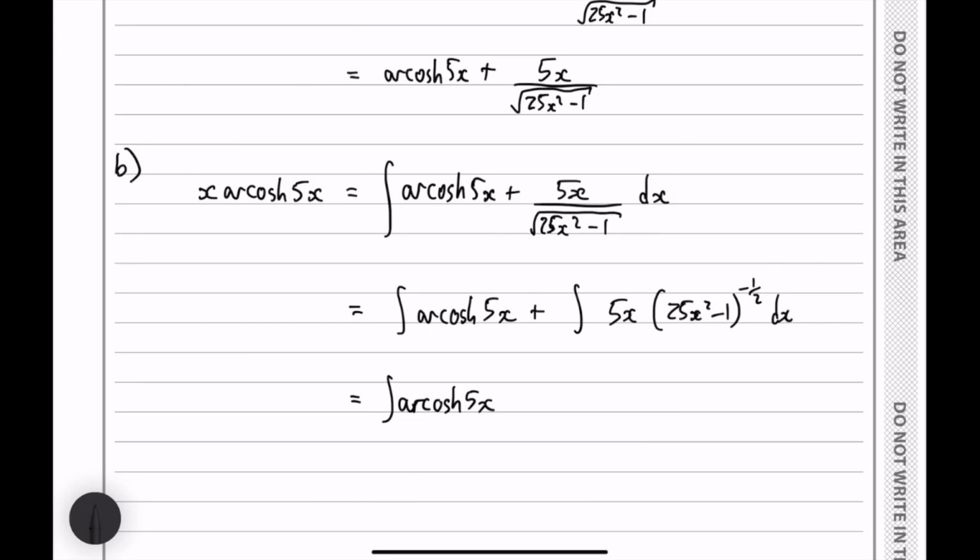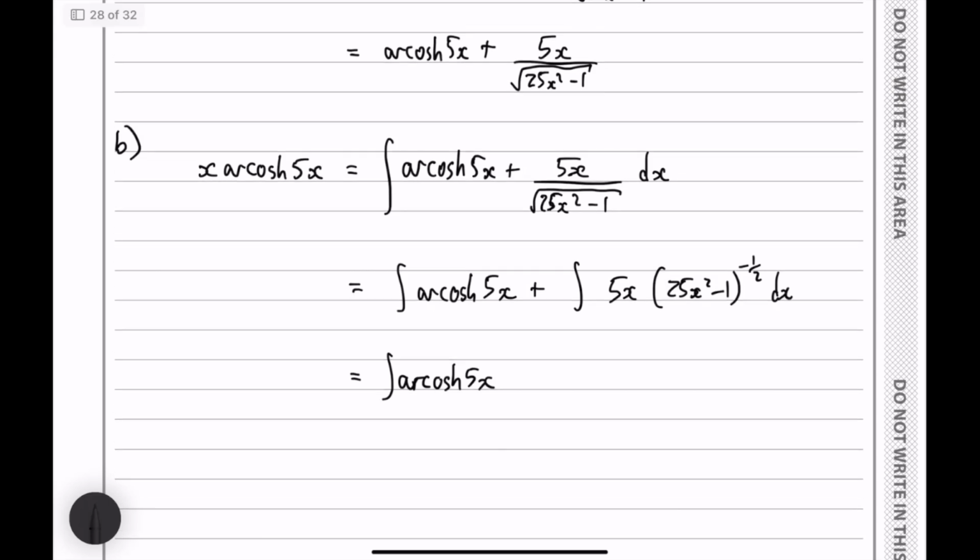So if we integrate this, or what I would actually do if I write this on the side, is consider what would happen if I differentiated this expression here. If I differentiate that, the half would come down the front. I would get 25x squared minus 1 to the minus a half, which matches.